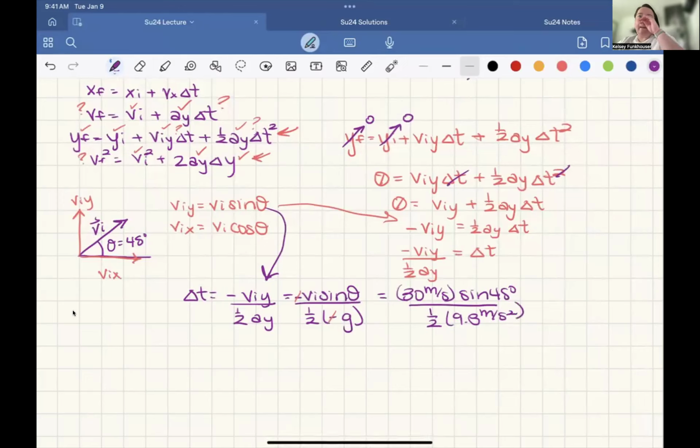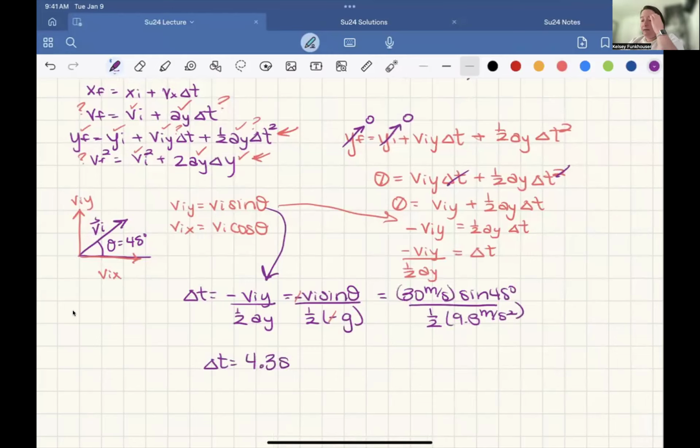I'll just double check what I solved. 30 sine of 45 divided by 1/2 times 9.8. That gives us a time interval of 4.3 seconds.